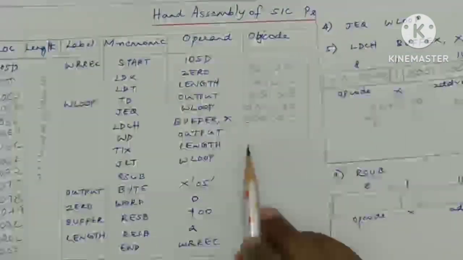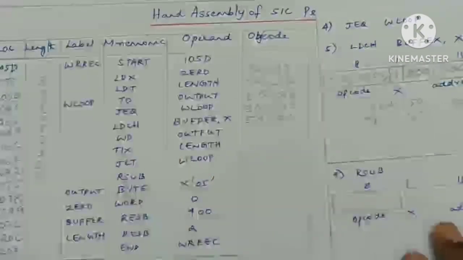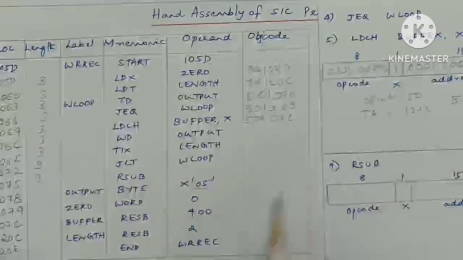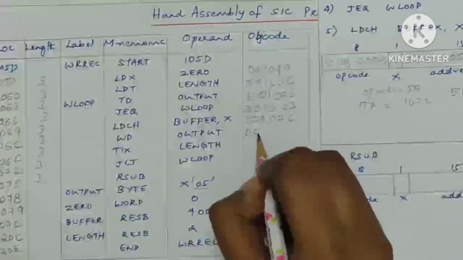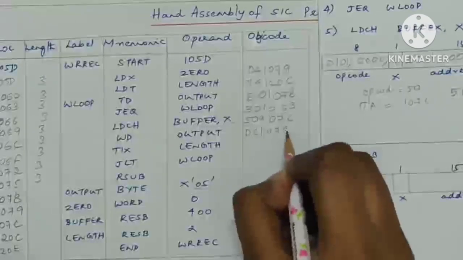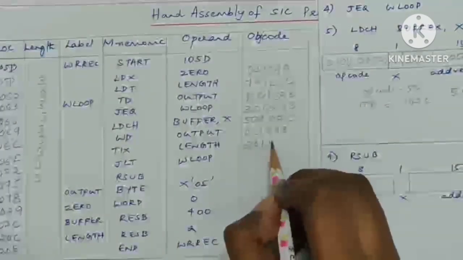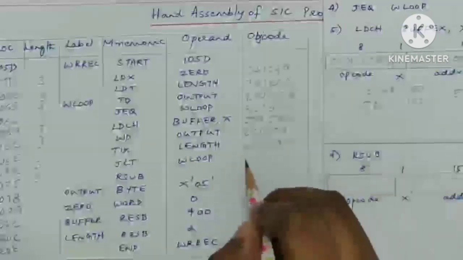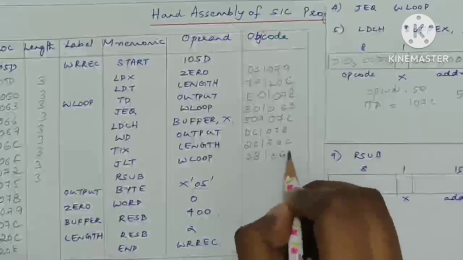Similarly you can fill in all the values for these 3 instructions. For WD you will get DC1078. You can once verify. For TIX you will get 2C120C, and for J, jump on less than, you will get 381063.